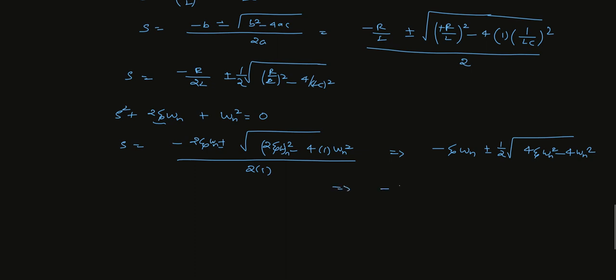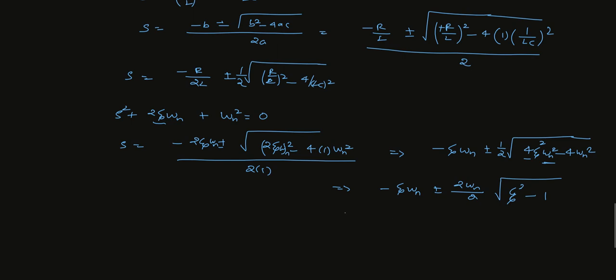From this I am taking 4 omega n square as common, and it comes out of the root as 2 omega n, divided by 2, into root over zeta square minus 1.